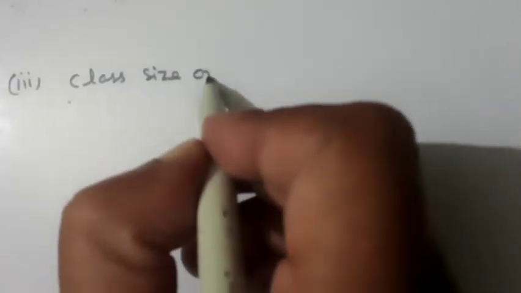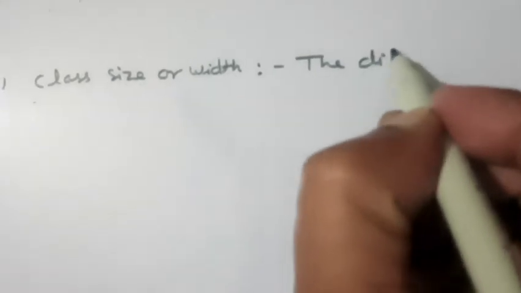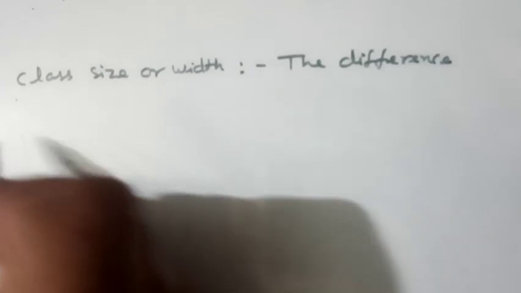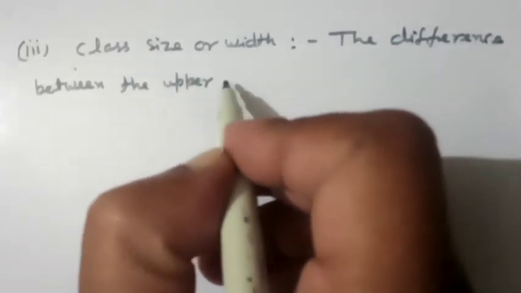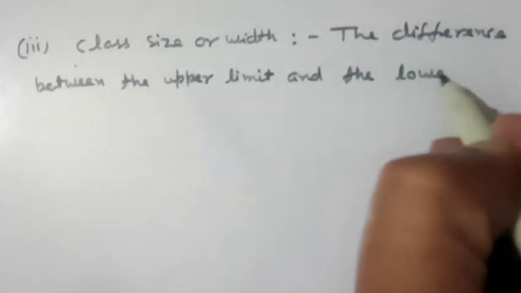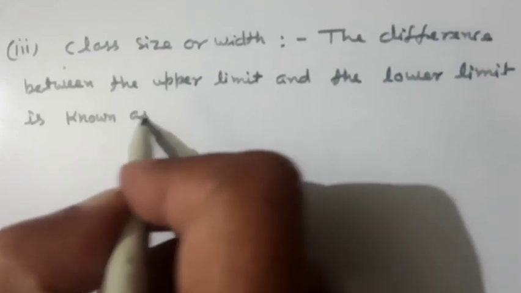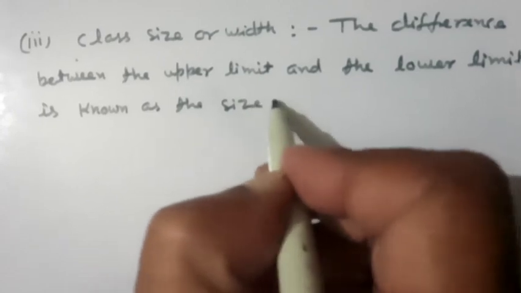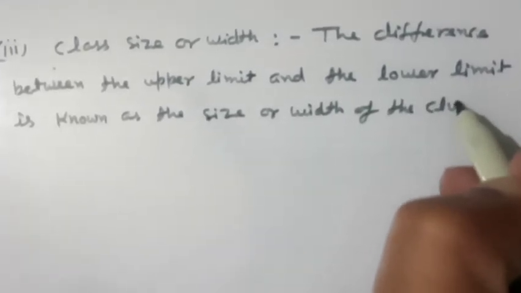Number 3, class size or width. The difference between the upper limit and the lower limit is known as the size or width of the class.